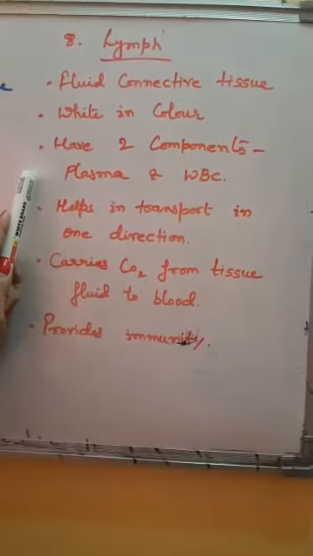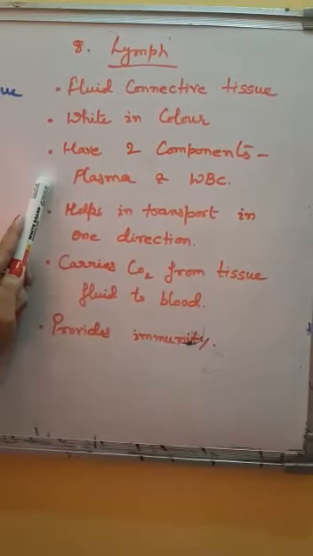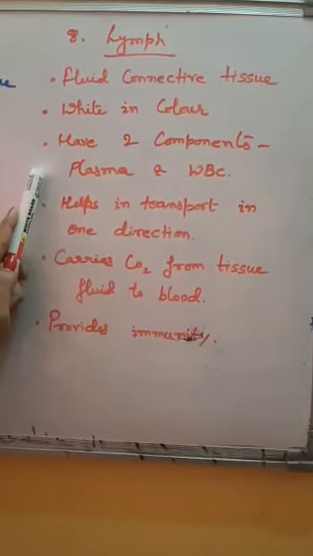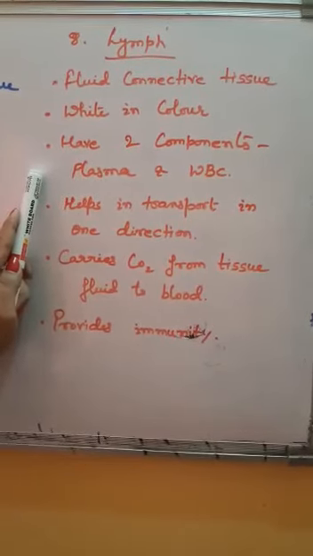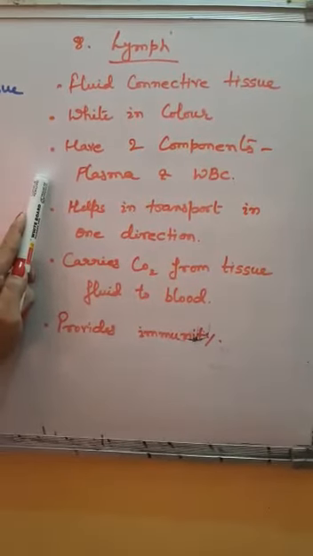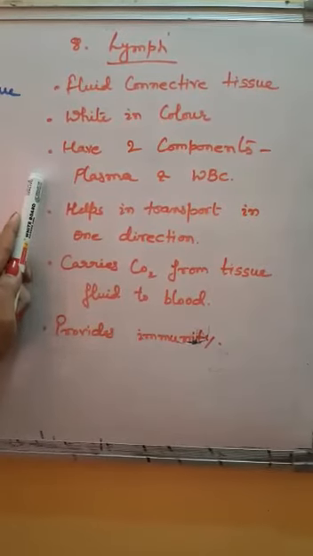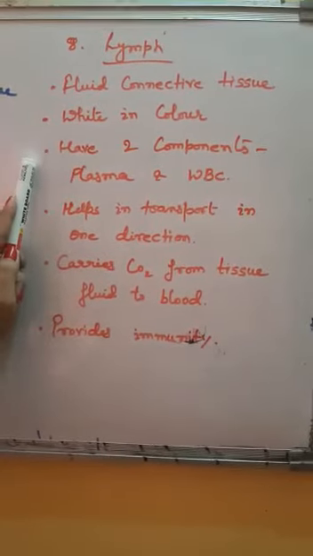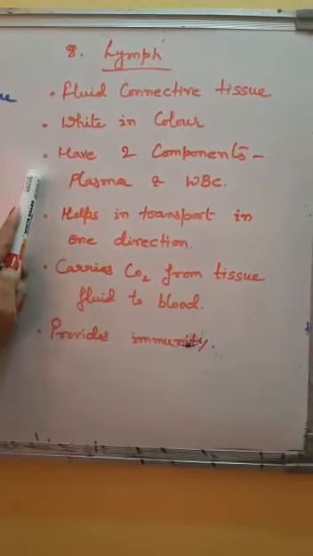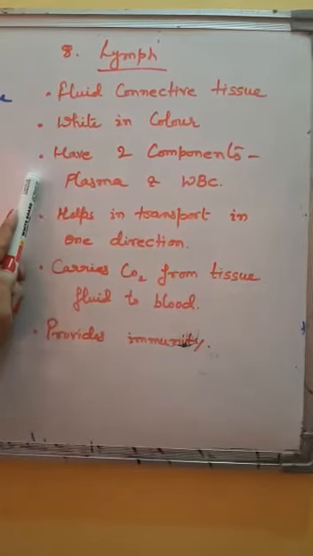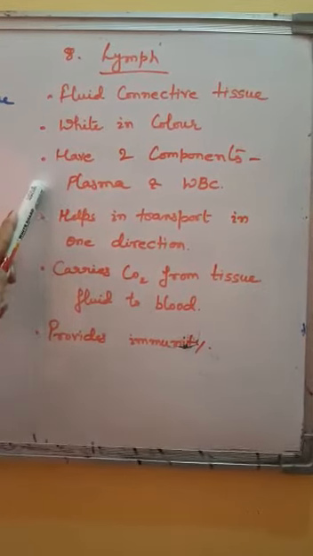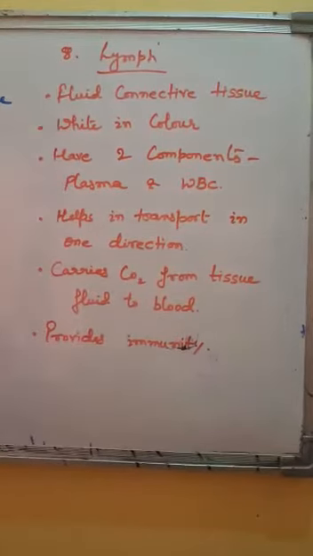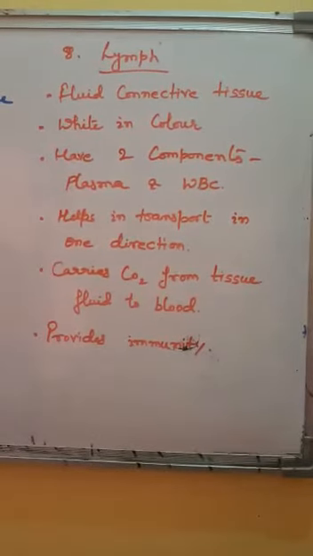Actually, lymph is formed from blood only, in a high pressure condition. Blood drains out from the blood capillary; larger particles remain inside the capillary and smaller particles come out. Those smaller particles are plasma and WBC. In that condition it is called lymph.